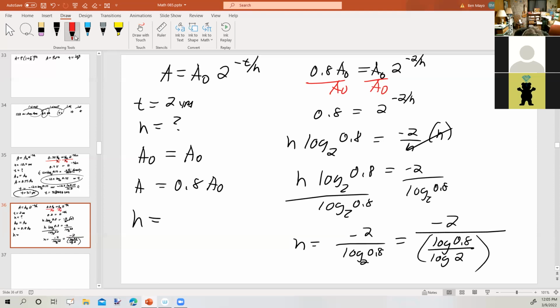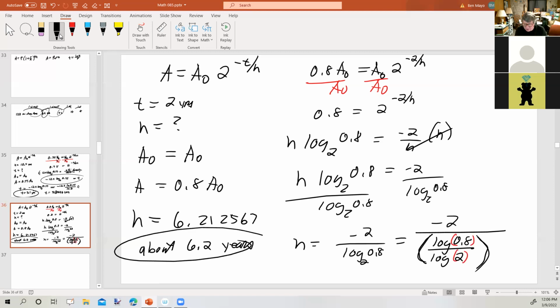So basically, I've got a set of parentheses here and here, as well as that outer set. And I get 6.212567, etc. And let's see, it said in years, so this would be about 6.2 years. Any questions on the algebra there?